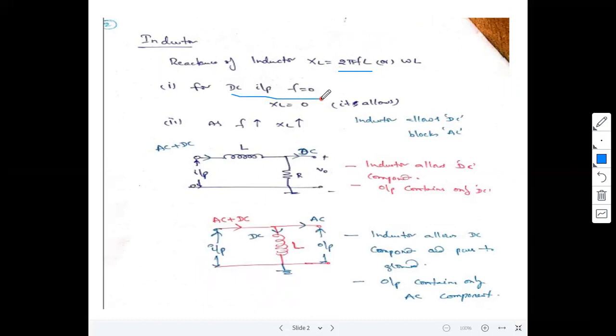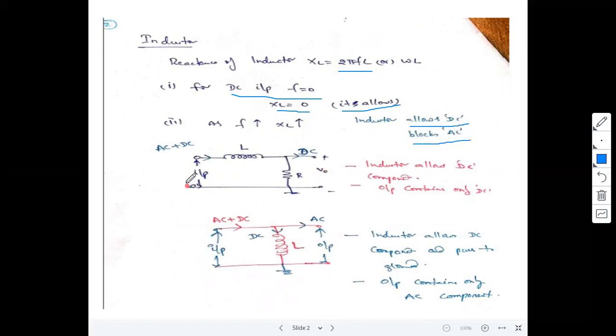For DC input, frequency is equal to 0, so XL is equal to 0. That means it allows the DC component. As frequency increases, XL also increases, so it will oppose. For low frequencies, it will allow. The inductor allows the DC component and blocks the AC component.